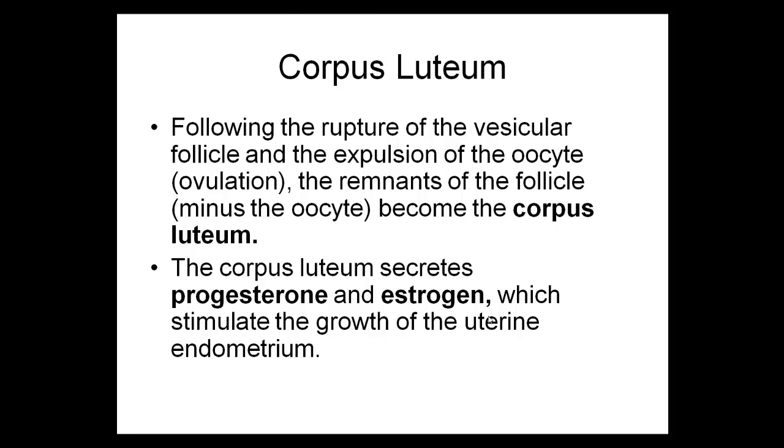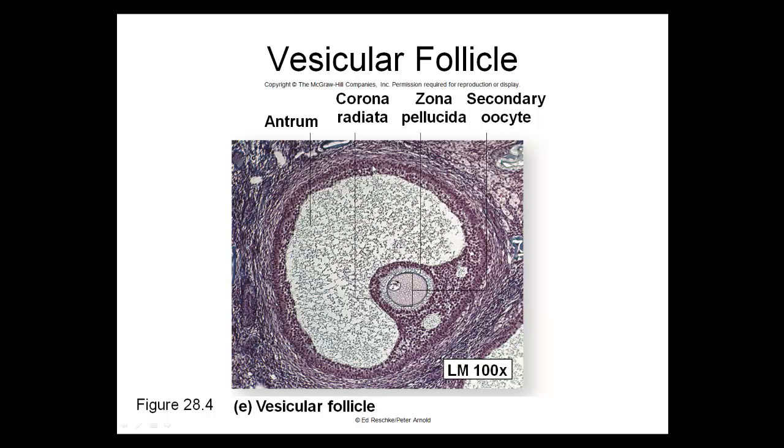So if ovulation occurs, the oocyte will leave, leaving behind the granulosa cells, but the granulosa cells, which you can see over here, will become different at the stage where ovulation occurs, and they will change. They're not going to be called granulosa cells anymore.